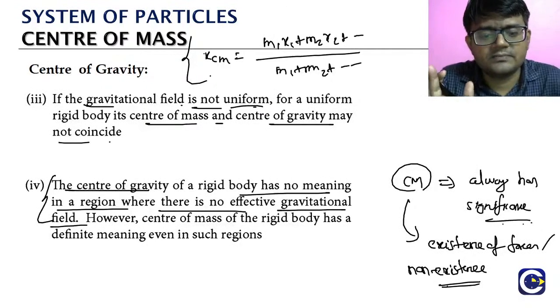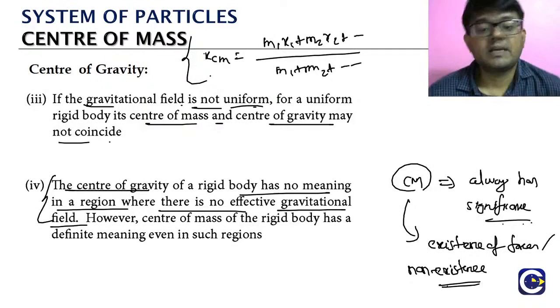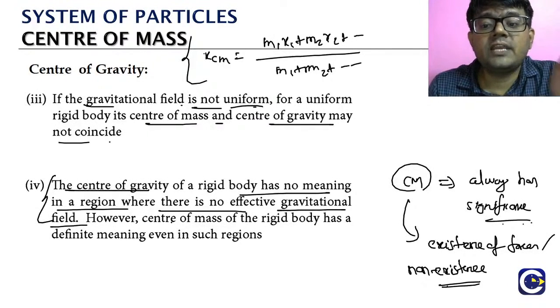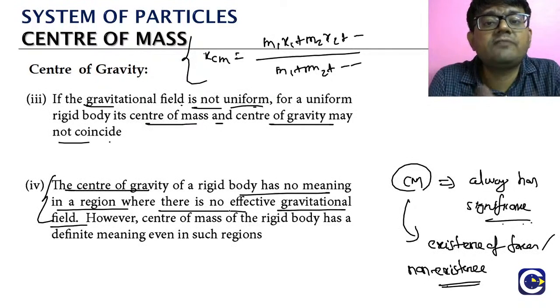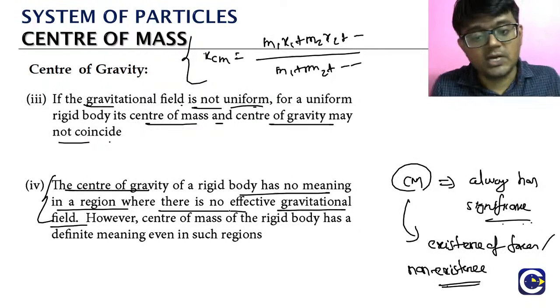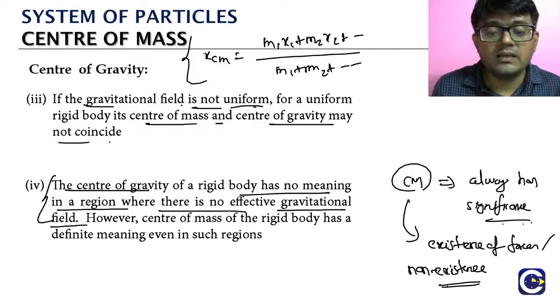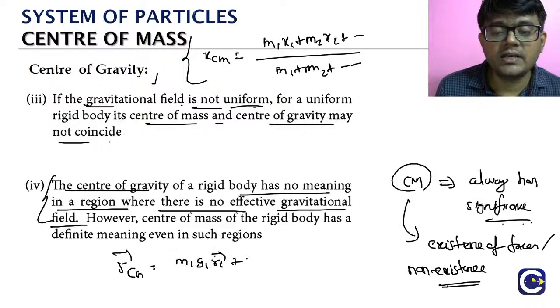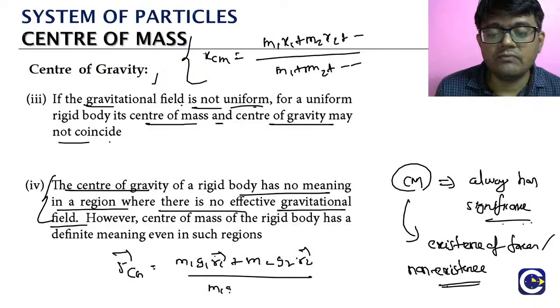That does not matter. But center of gravity: if we are in a place where there is no gravitational field, what is the center of gravity formula? It is M1 G1 R1 plus M2 G2 R2 divided by M1 G1 plus M2 G2.